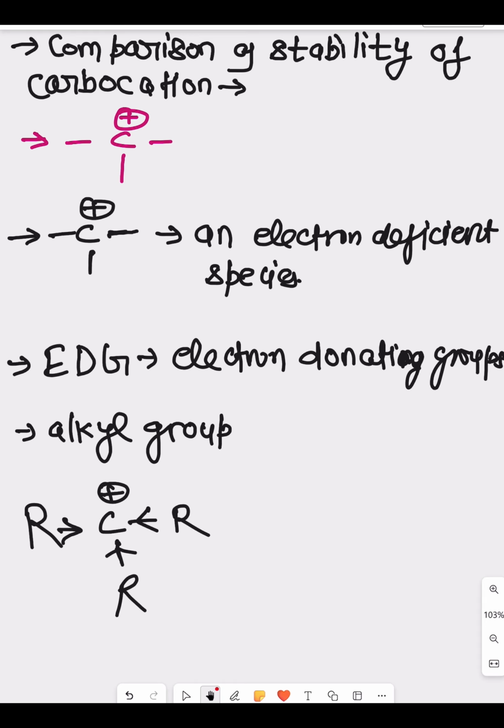Electron donating groups like alkyl groups push electrons towards the carbocation. Thus, it reduces the positive charge and increases the stability. This is your stable carbocation. The criteria to neutralize the charge is, see, this is your carbocation.